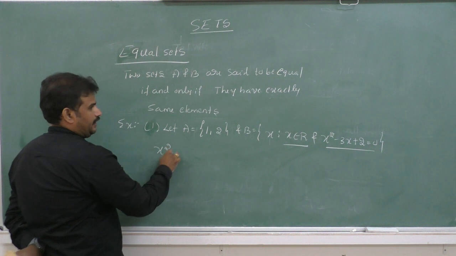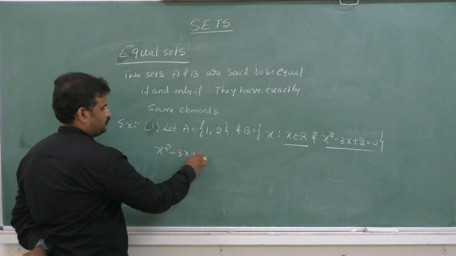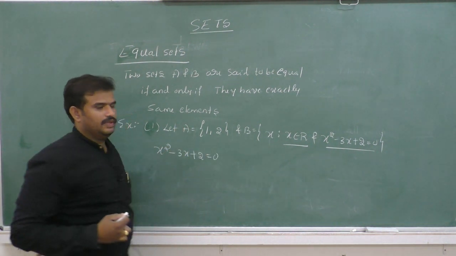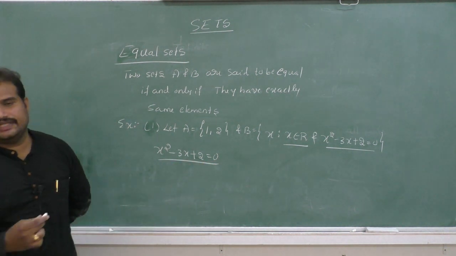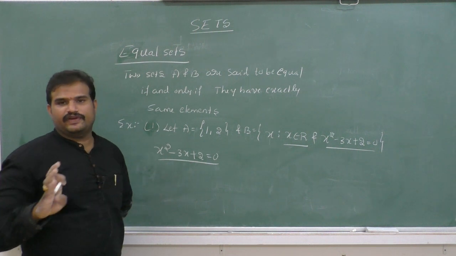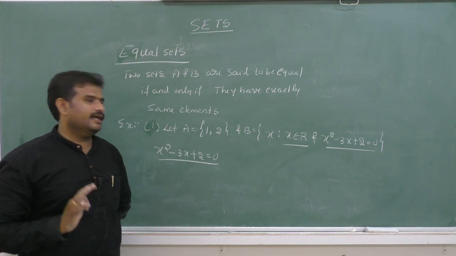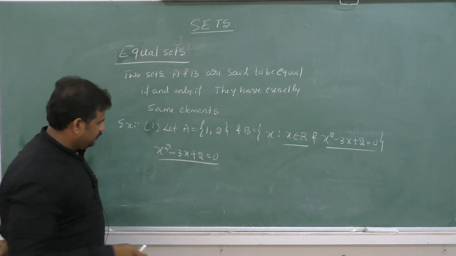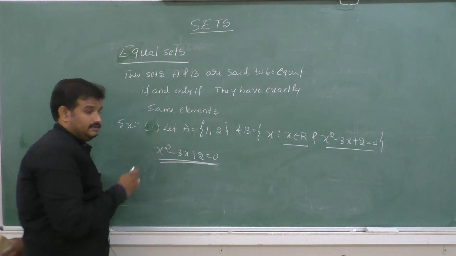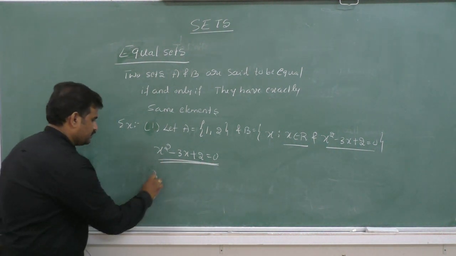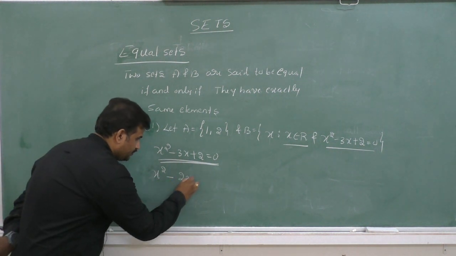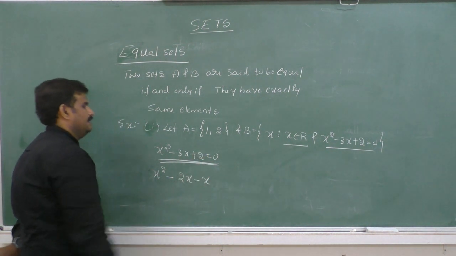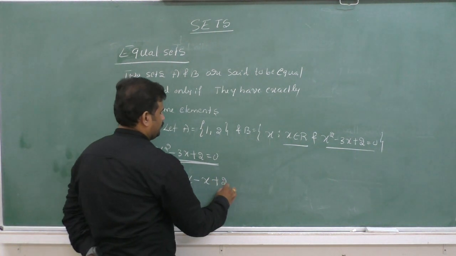Consider x square minus 3x plus 2 is equal to 0. It's a quadratic equation. Quadratic equation roots find out ಮಾಡಬೇಕಾದ್ರೆ we have three different methods: factorization, completing the square and formula. So, better we take factorization here. x square minus 3x can be written as x square minus 2x minus x plus 2 is equal to 0.